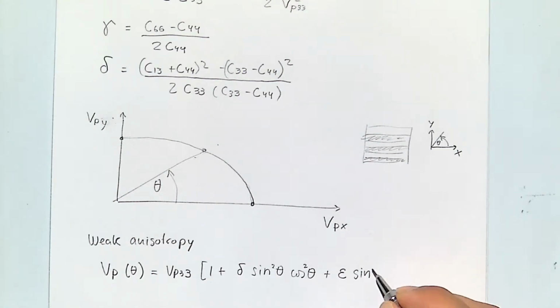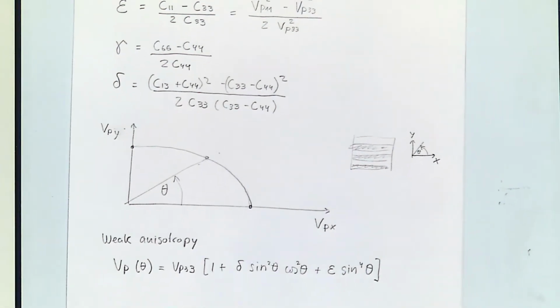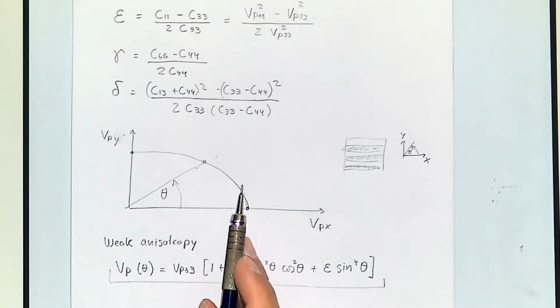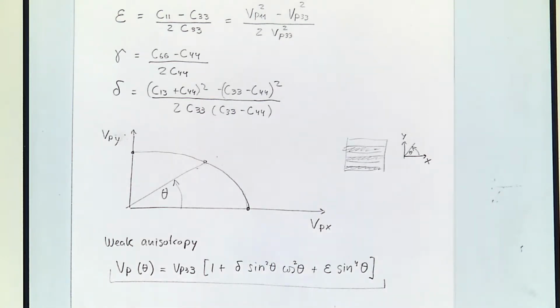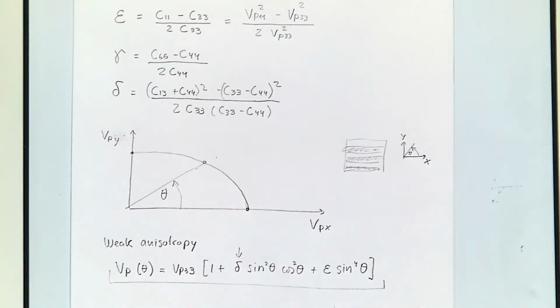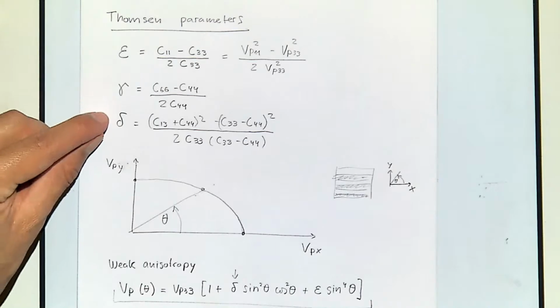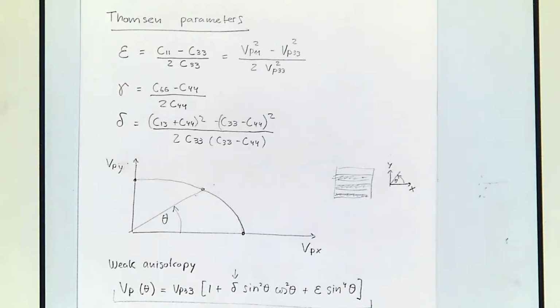Remember that gamma was for shear wave velocity, and for the shear there is going to be something similar too. But for the P wave, this is the equation that explains that kind of ellipse. It's not perfectly an ellipse, and this parameter delta is the one that controls the shape of that. So in general, it's a very good idea many times to measure these parameters and to characterize the rocks according to epsilon, gamma, and delta, because then you can group them, analyze them, and derive some common behavior out of them.